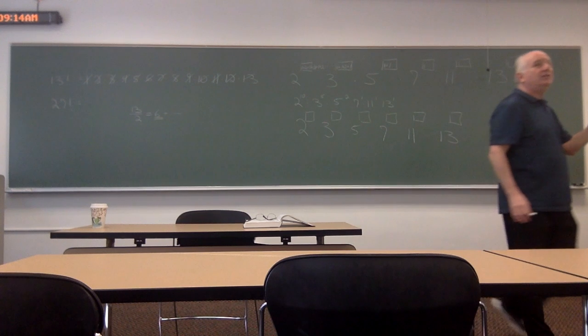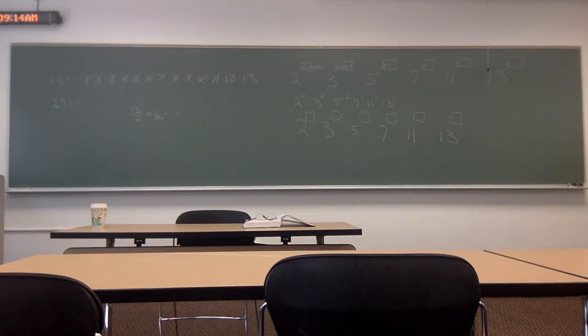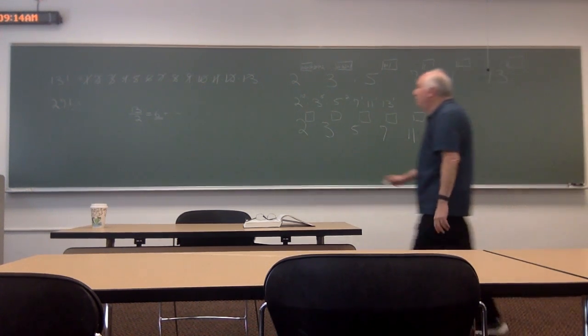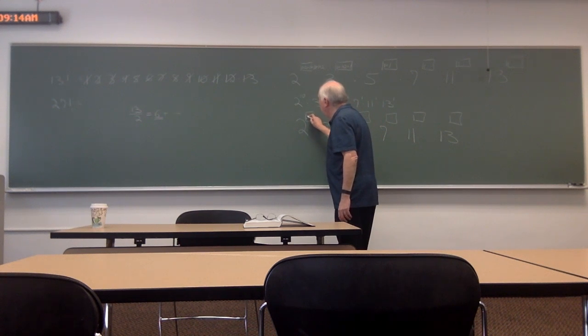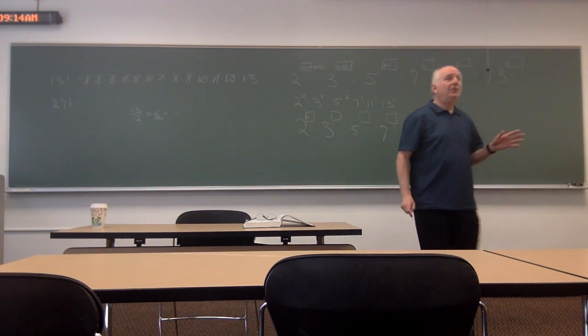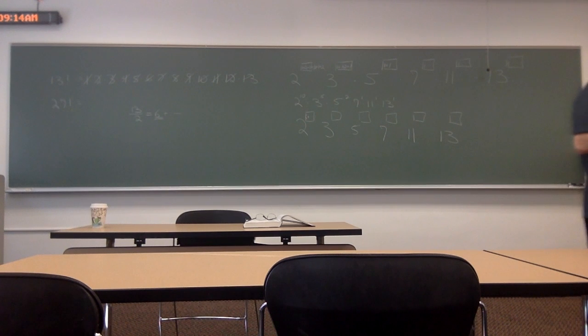So 2, 4, 6, 8, 10, 12, that's 6 numbers. Each of them contributes a 2. However, there's more to it because some of them not only contribute a 2, but like numbers 4, 8, and 12 also contribute an additional 2 because they're multiples of 4. And 8 contributes another 2.